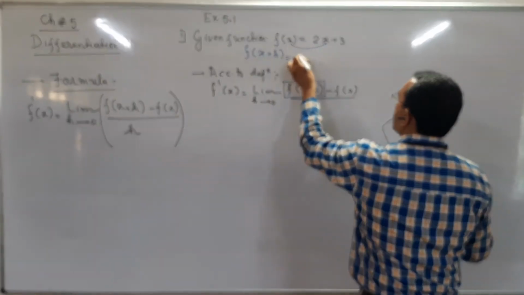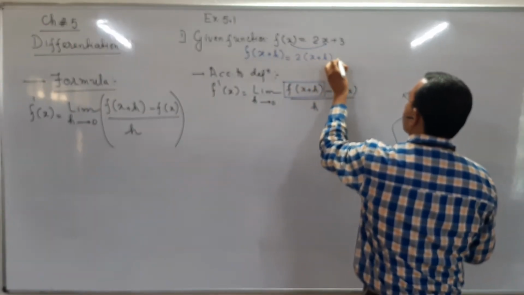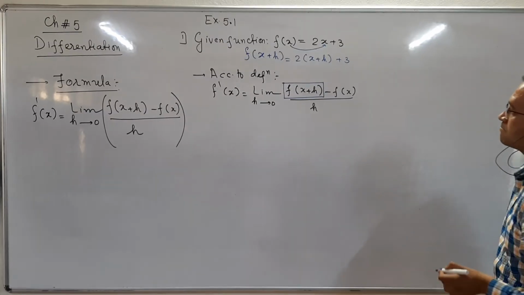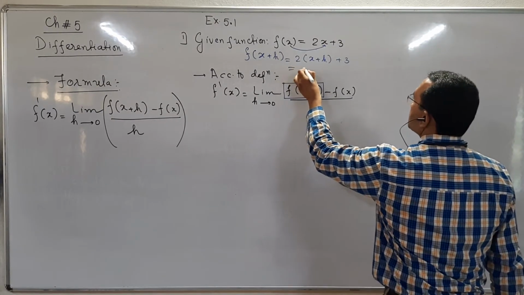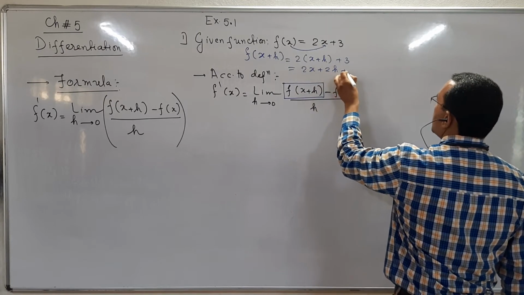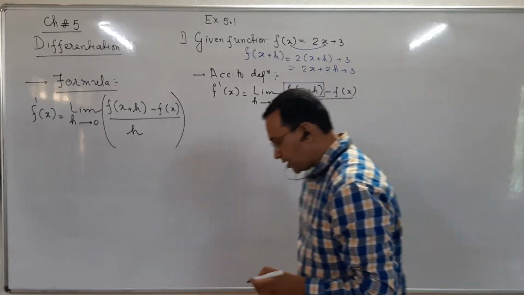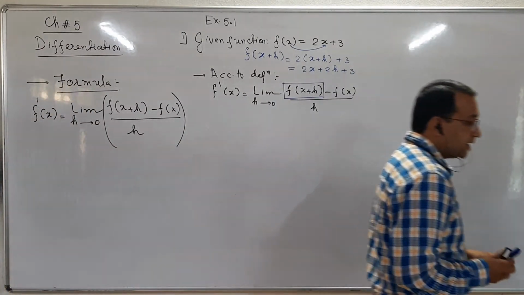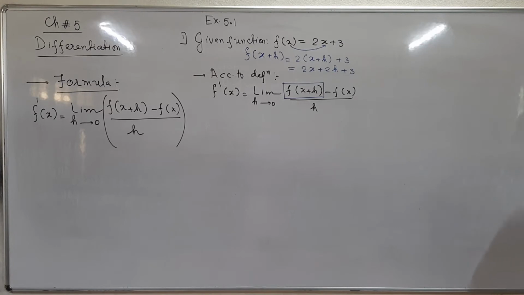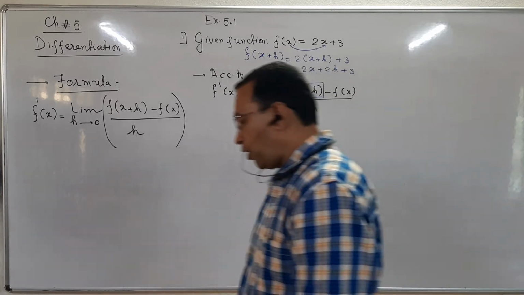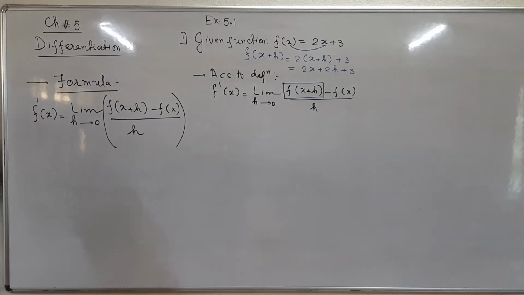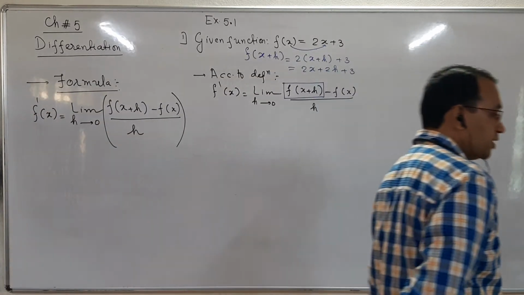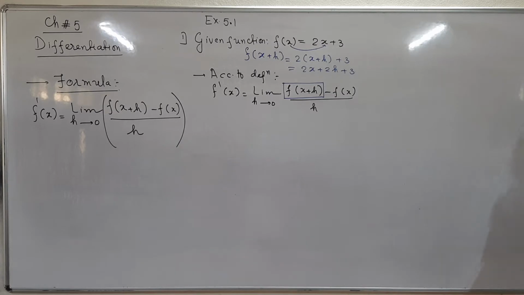Replace this x by x plus h. So, if I expand, this becomes 2x plus 2h plus 3. So, in this type of sum, it is told to find derivative using definition, students. Obtain the derivative of following functions with the help of definition. So, whenever it is a sum of derivatives using definition, we have to go by this standardized approach.